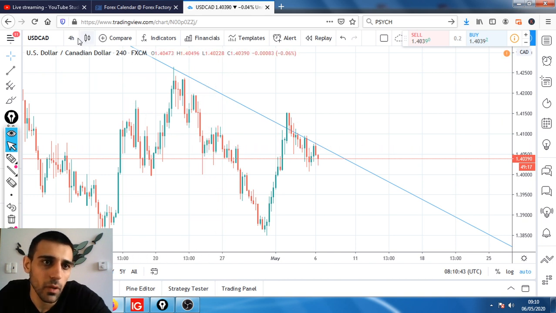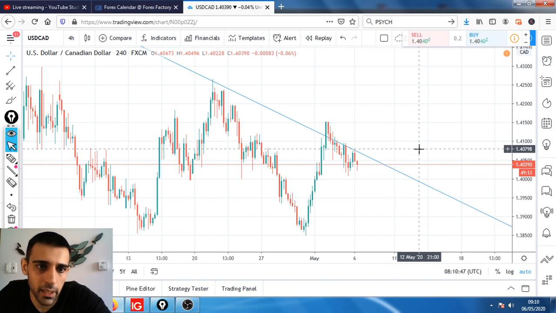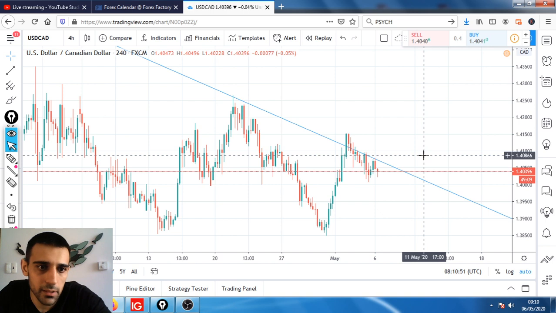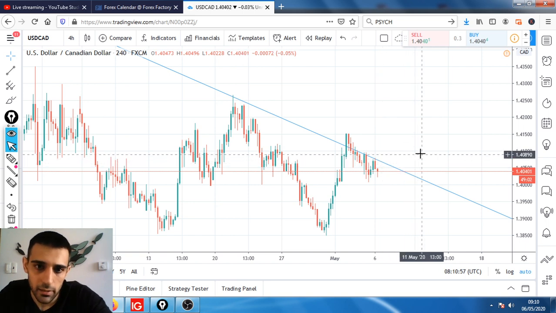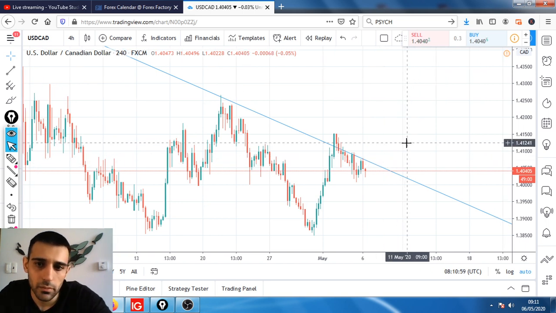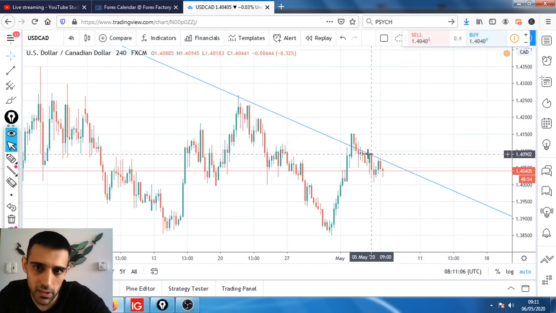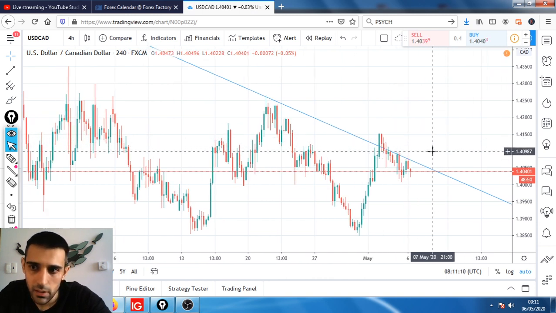Yeah, I do want to see the price coming up, and we've got this nice resistance up here. This is a strong resistance at 140.90. I'm also looking for the potential retracements, which we can use too.